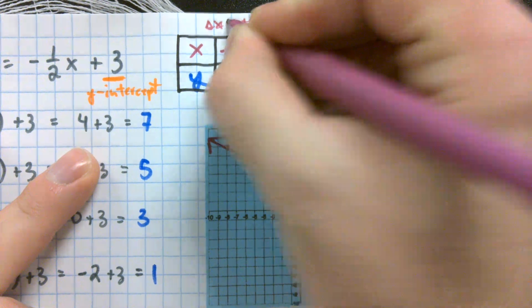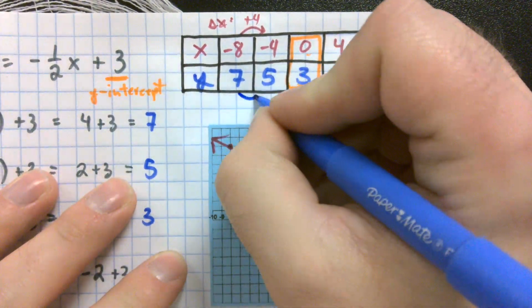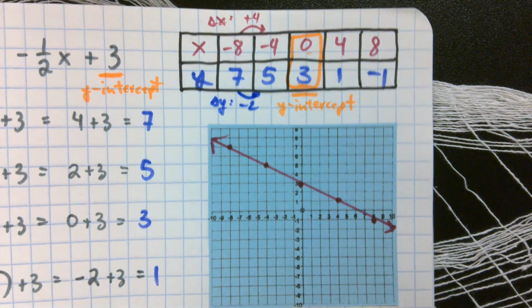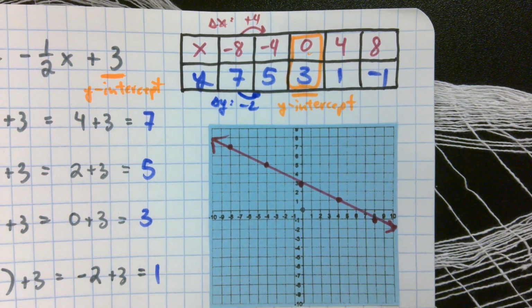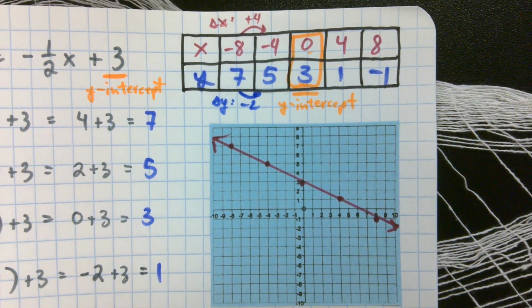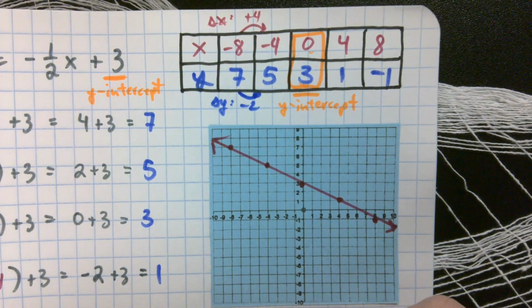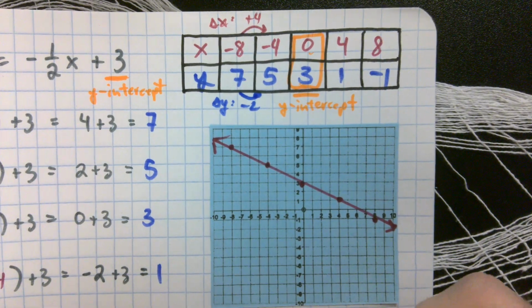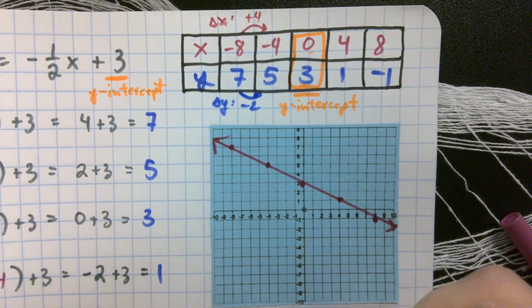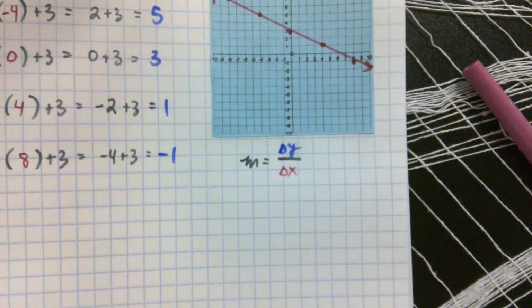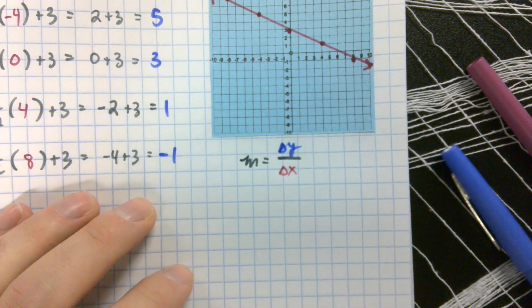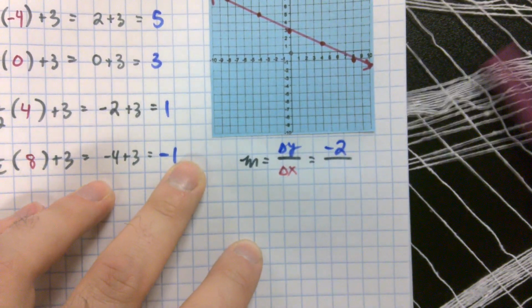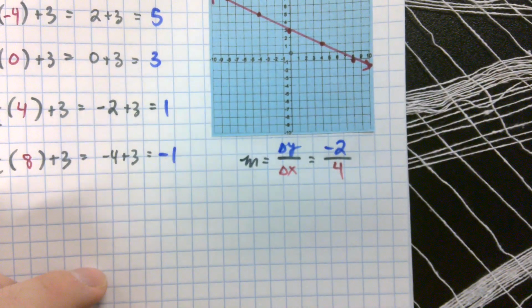So if our change in x is plus 4, our change in y is minus 2, that means that our slope, which would be the change in y over the change in x, we'll move this down right here, change in y over change in x should be minus 2 over positive 4.